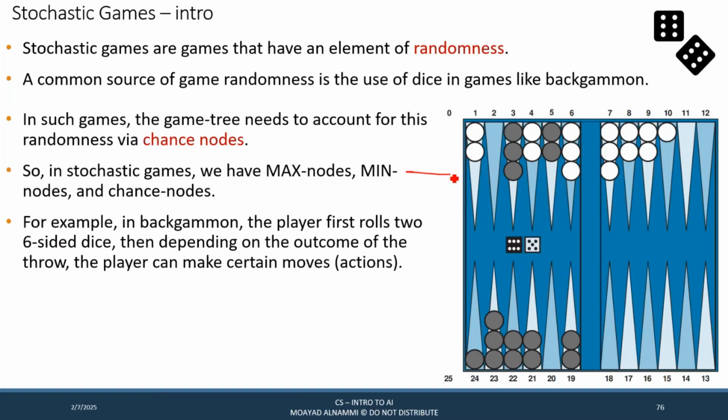For example, the game of backgammon: there are two players, black and white. The player whose turn it is, before he takes an action, is going to throw two six-sided dice. Depending on the outcome of the dice, the player can make certain moves or actions. So he's limited in the number of actions he can do based on the outcome of the dice, right?